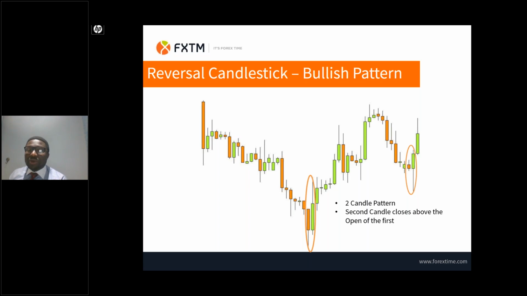And then lastly, the shadows are irrelevant. In this case, I'm not going to really consider the shadows of the bullish pattern.